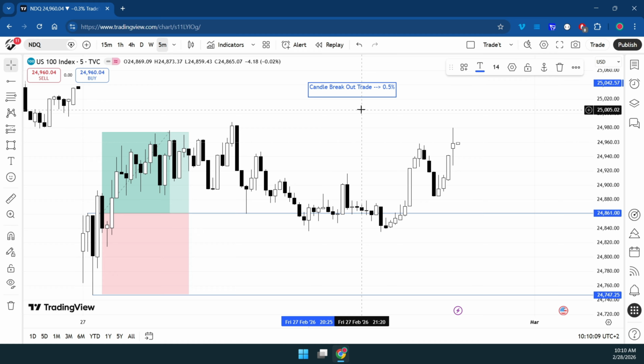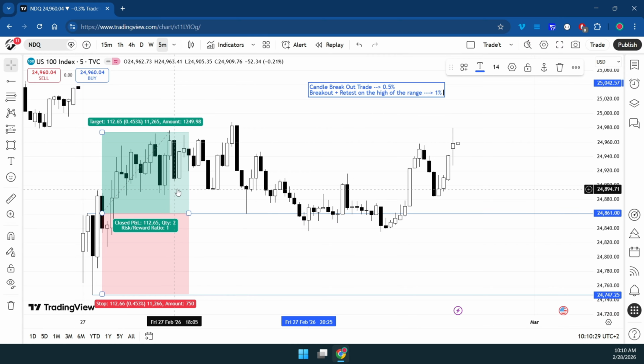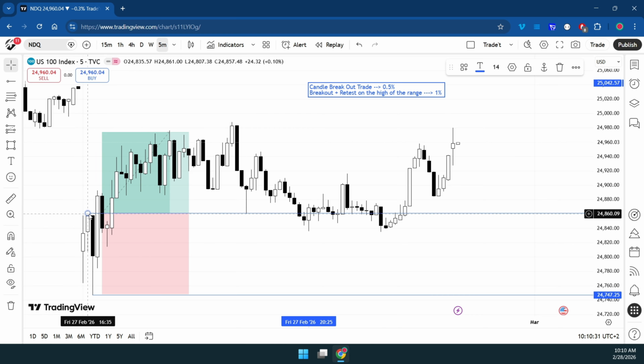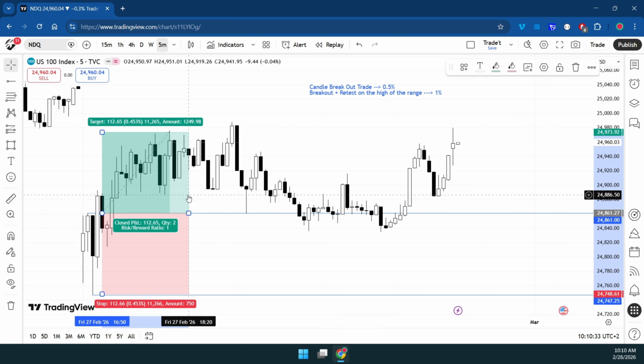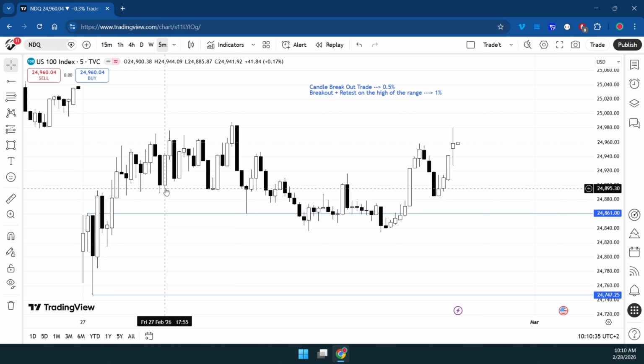However, if I take a breakout plus a retest on the high of the range, this one is generating for me 1%. And I can go much further, meaning instead of just waiting for a retest on the range high and low, I can go and do a retest on a deeper point inside my range.